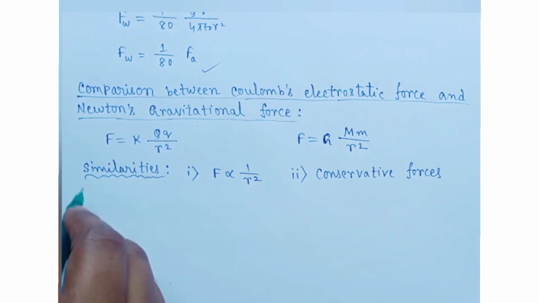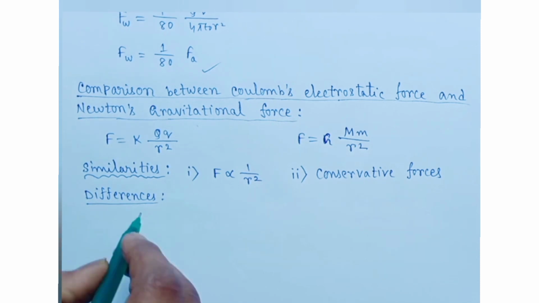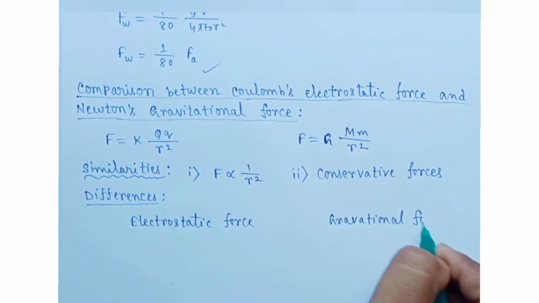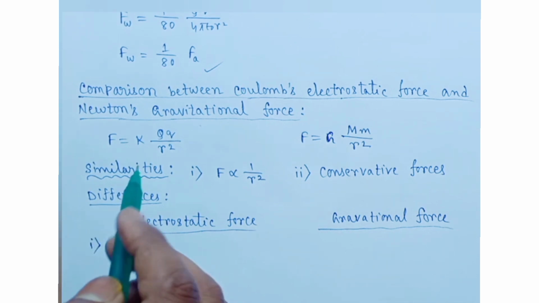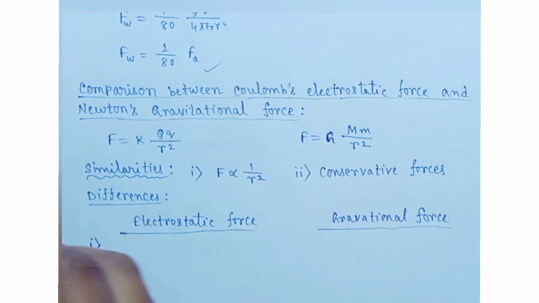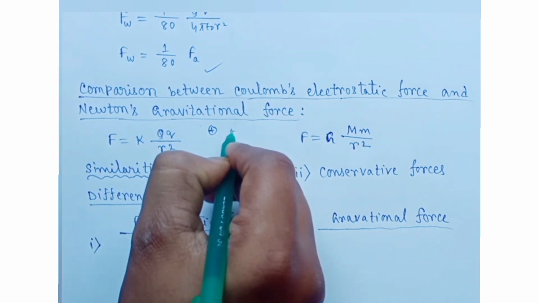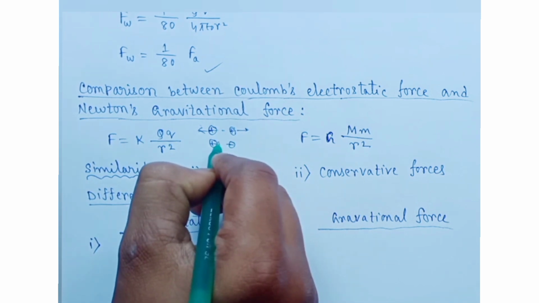And now let's talk about the differences between the gravitational force and electrostatic force. The first major difference is that the electrostatic force can either be attractive or repulsive. Two like charges repel each other and unlike charges attract each other.